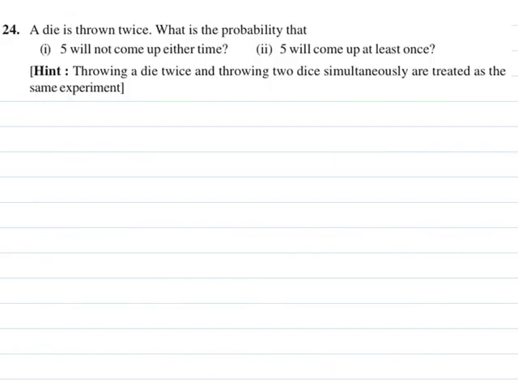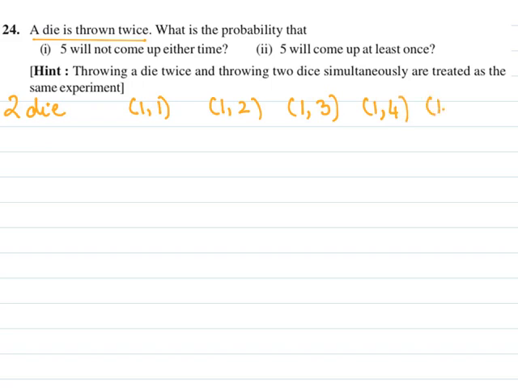A dice is thrown twice. What is the probability that 5 will come either time? Now for 2 dice, a dice thrown twice is just as good as 2 dice. And we see the possibilities are 1,1, 1,2, 1,3, 1,4, 1,5, 1,6.